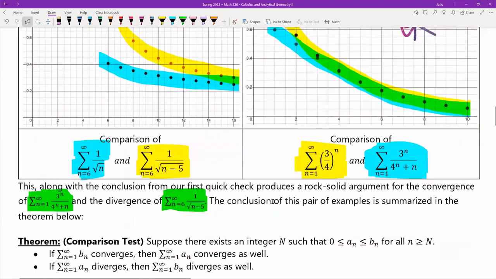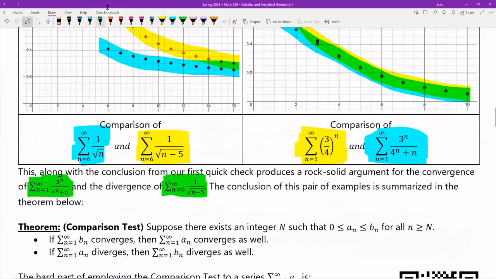That in itself is the comparison test. Suppose there exists an n value such that this is true: at some point, the A terms are less than or equal to the B terms. Then we can conclude one of two things. If B sub n converges, then A sub n must converge as well.